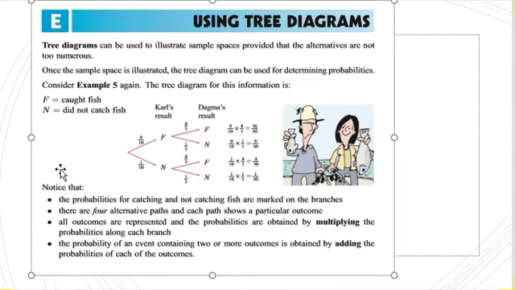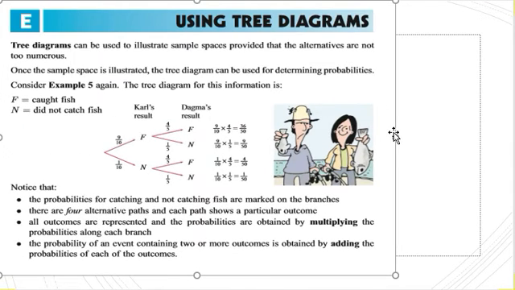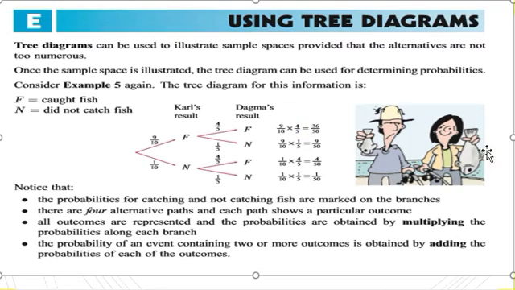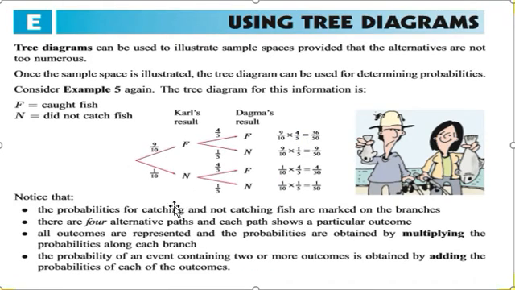As you can see, we have made a tree diagram with the probability. The probability shown here is for the first data, which is Carl's result. Carl's result is for catching a fish, with a probability of 9 out of 10.